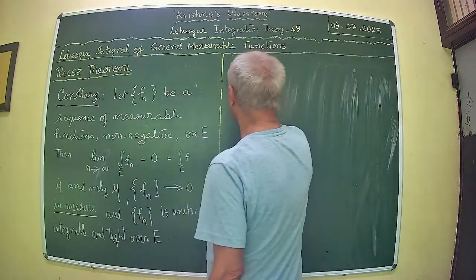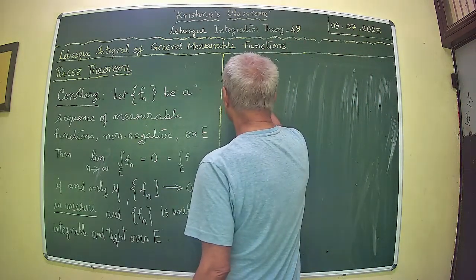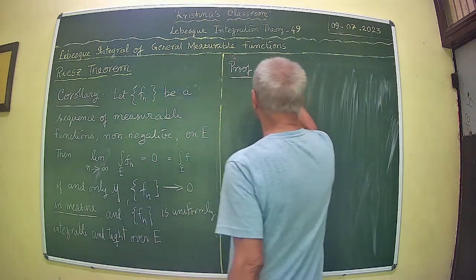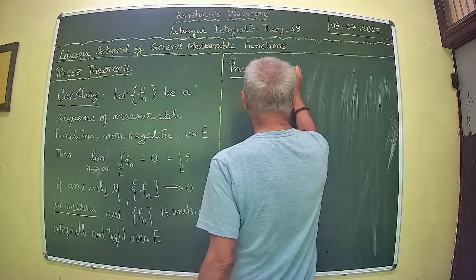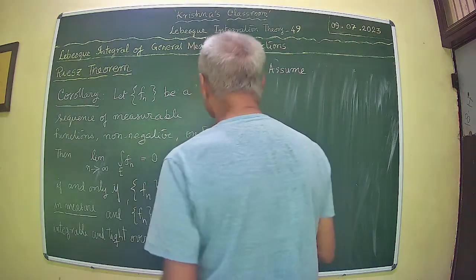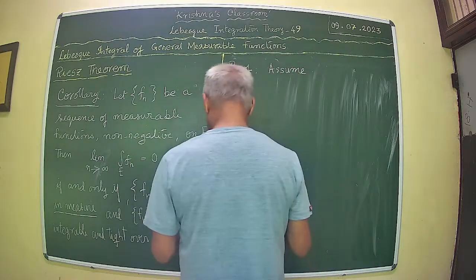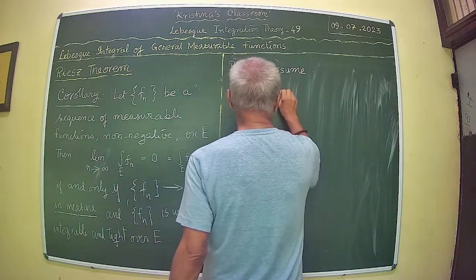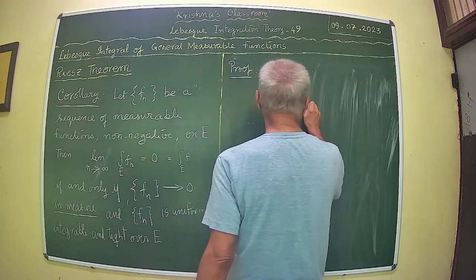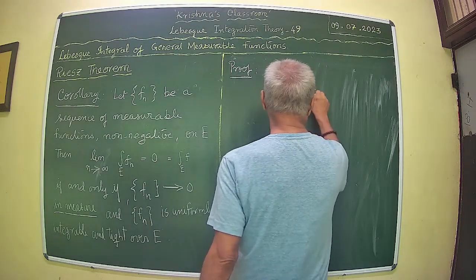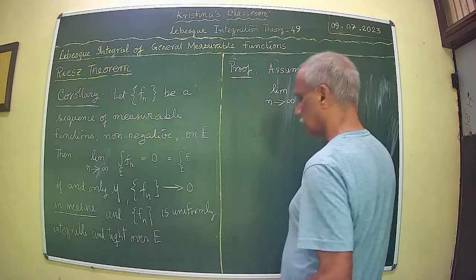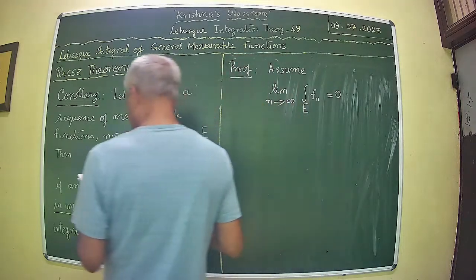So proof. Assume, because it is a necessary and sufficient condition, you have the limit as n tends to infinity of the integral over E of Fn equal to 0.